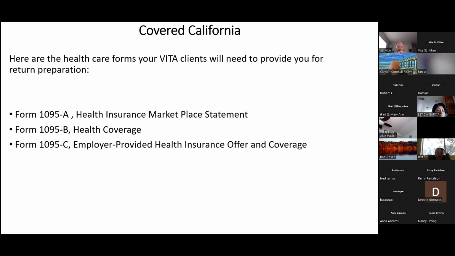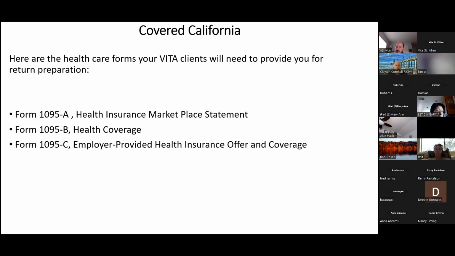I do not apply for a subsidy. California is very generous, so they give me $1 off every month anyways. They give everyone a $1 subsidy whether you ask for it or not. But I know I wouldn't qualify for a subsidy. All I get is the 1095-A every year, and then I fill out all the paperwork.